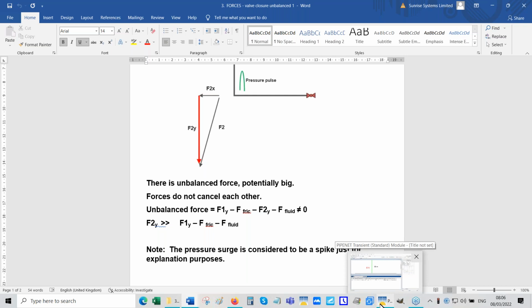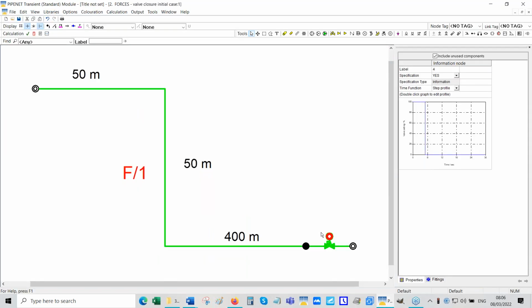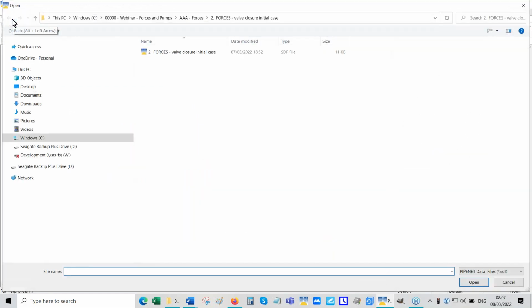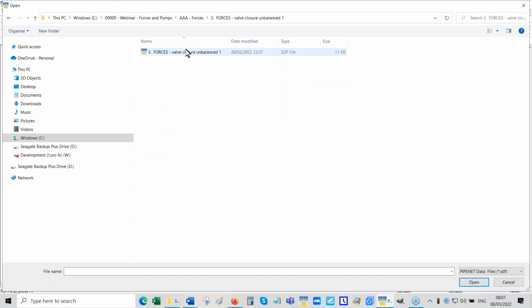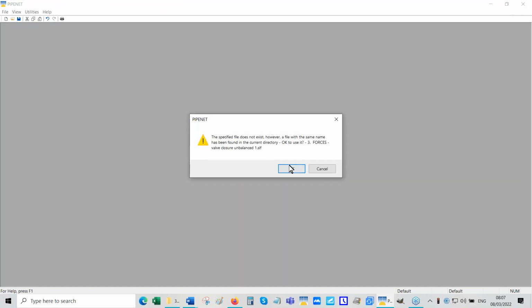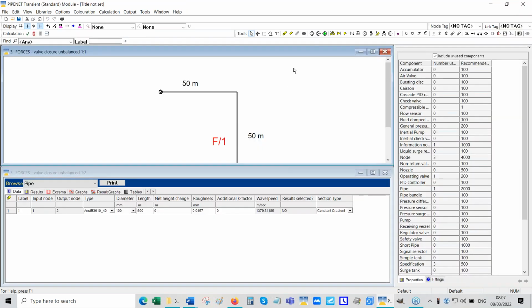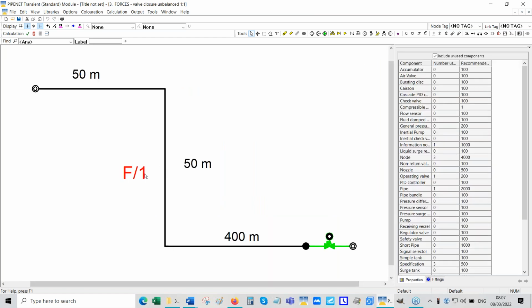So let's go back to PIPENET and have a look. See, this again is F1.